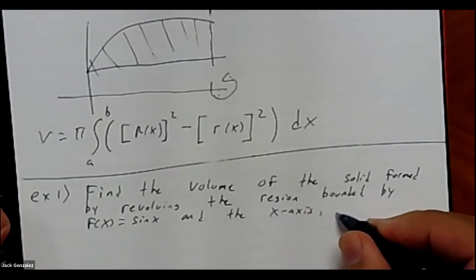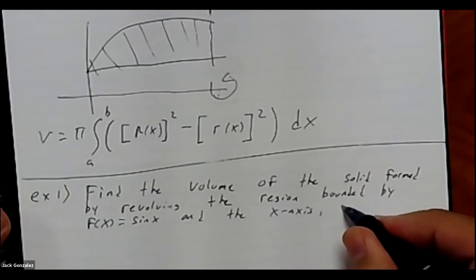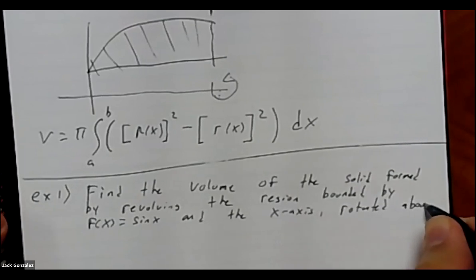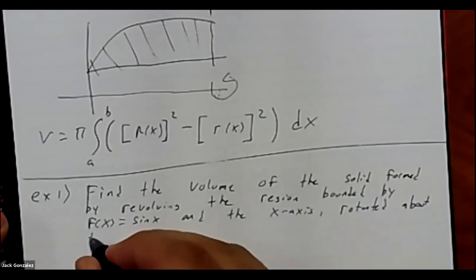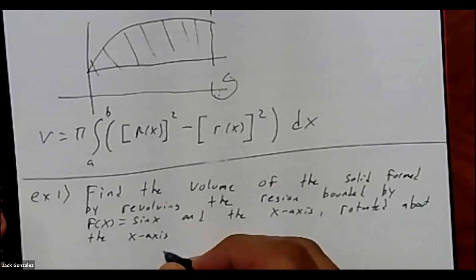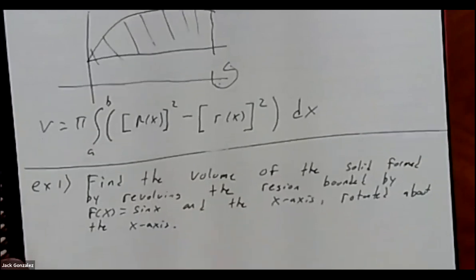When they say about, they mean rotated about. So I'm going to go ahead and say rotated about the x-axis. So just like the last section, we had to graph what they're talking about first.